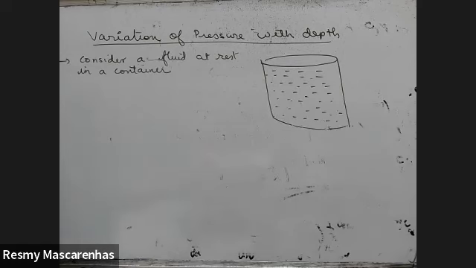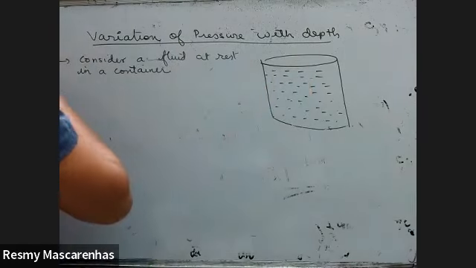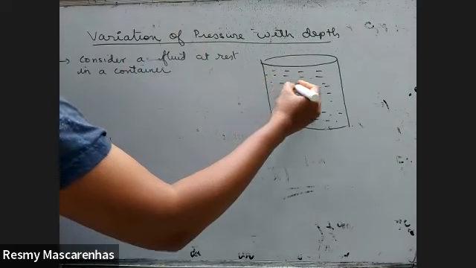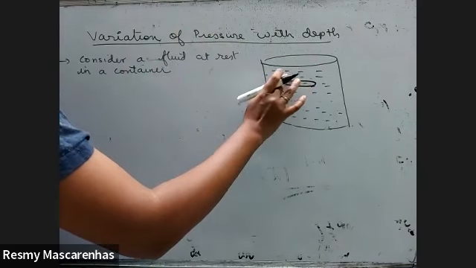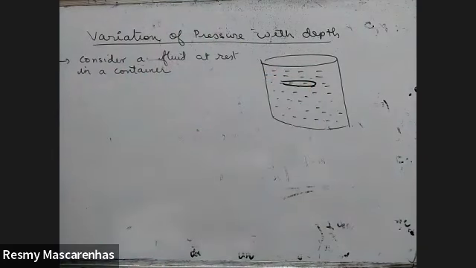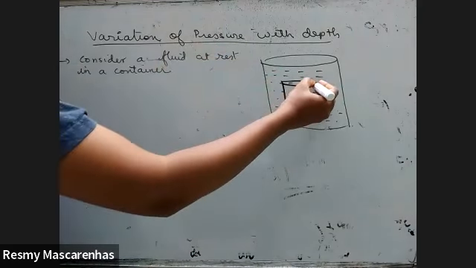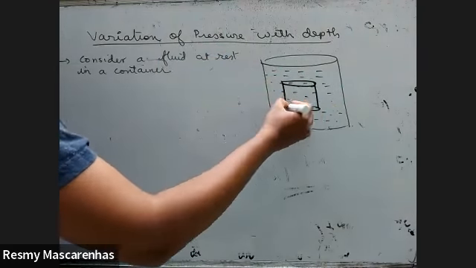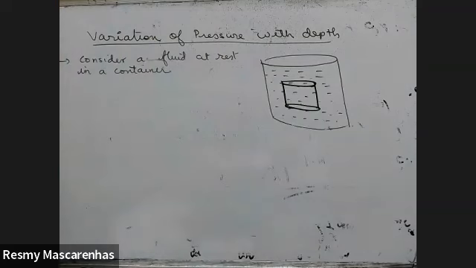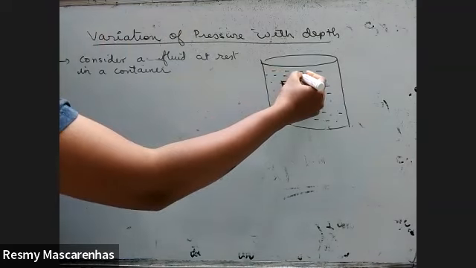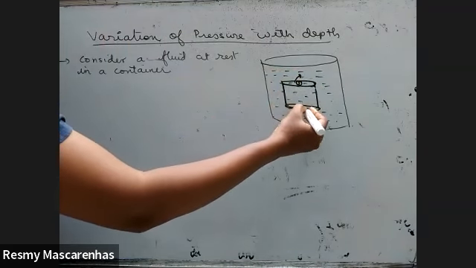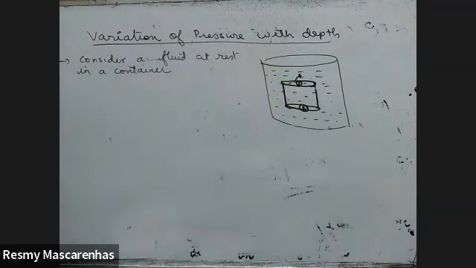Okay. Now inside this, we'll consider a small column. This much on the area we'll see. We'll mark 2 points over here. This is point 1 and this is point 2.